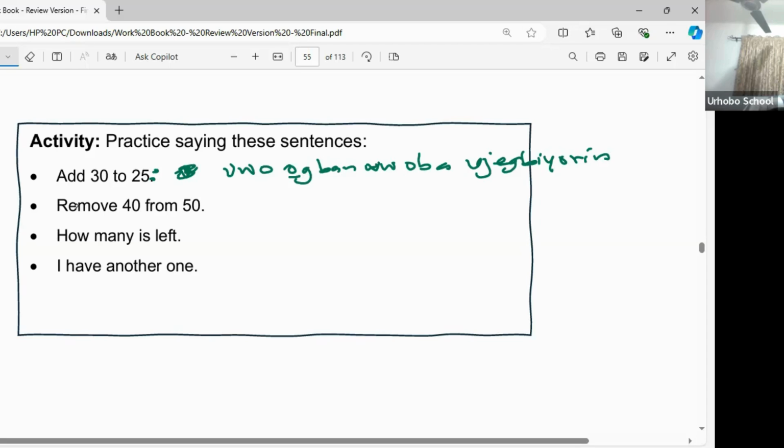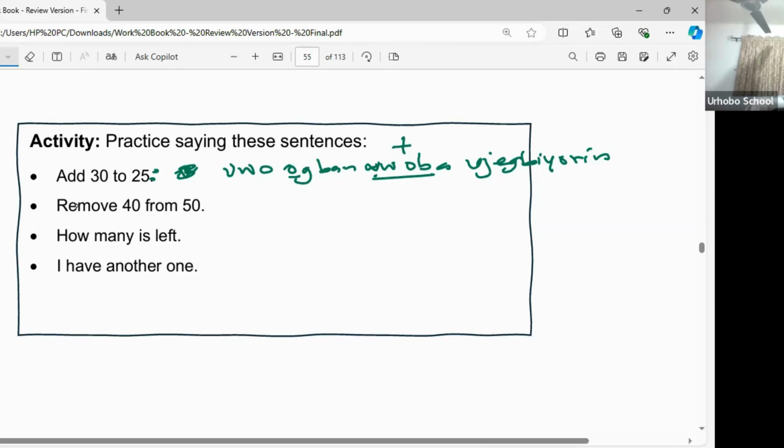So, wọ́gbà is to add. Wọ́gbà ìṣe gbìyànjú. Add 13 to 4. Wọ́gbà.